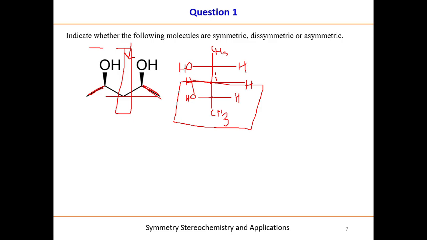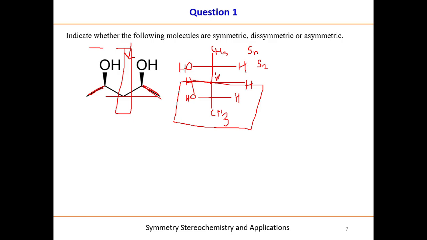And if we rotate it by a C2 axis and then reflect, then we will observe an indistinguishable image of the molecule. That means an SN axis is present. S2 is present here.